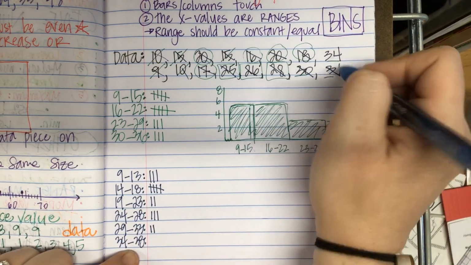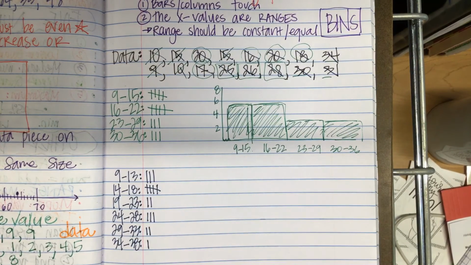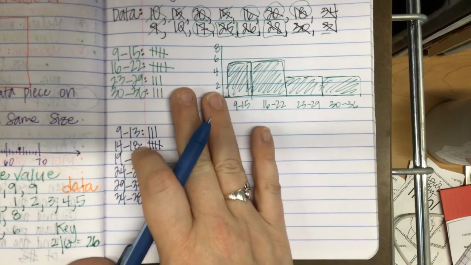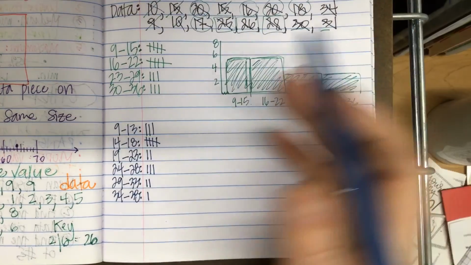And then 34 to 38: 1. My frequency table looks completely different, correct?